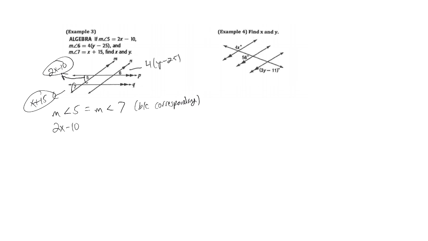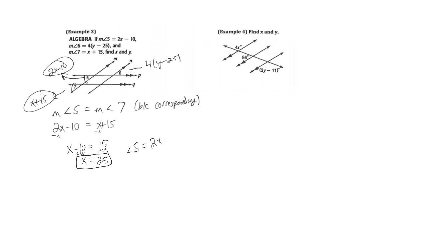So 2x minus 10 equals x plus 15. Let's solve for x. If we subtract an x over, x minus 10 equals 15. We add 10 to both sides, x equals 25. Now let's find angle 5.